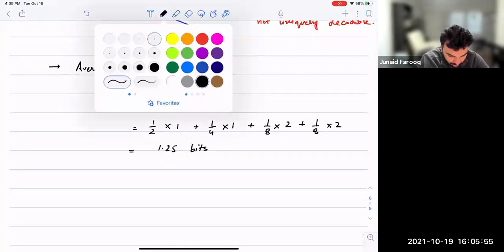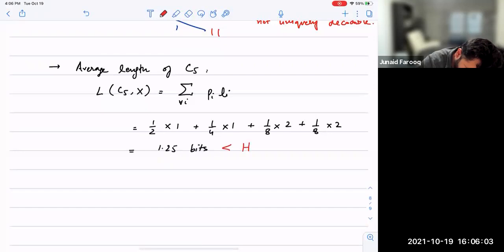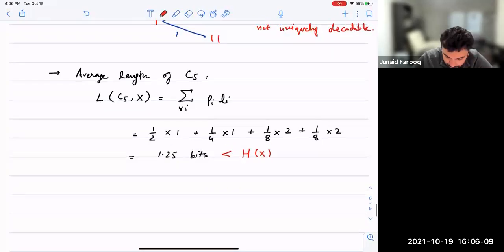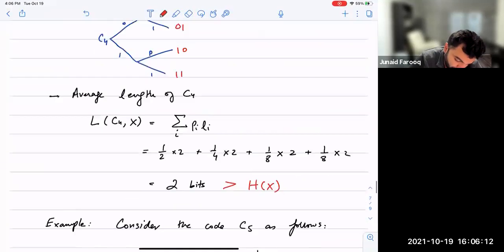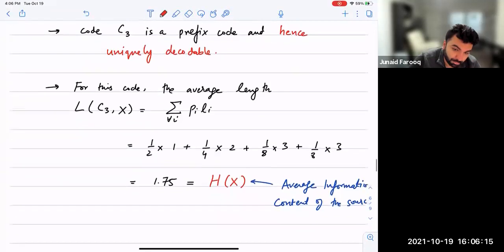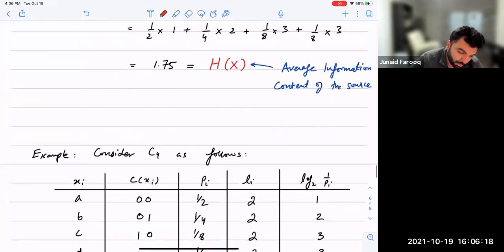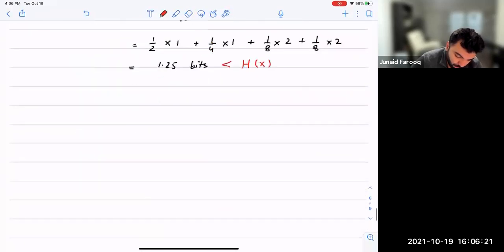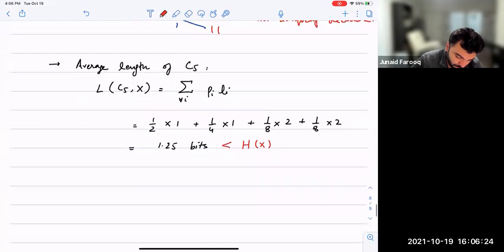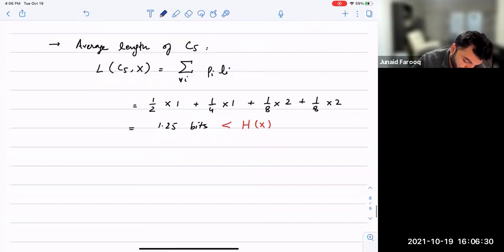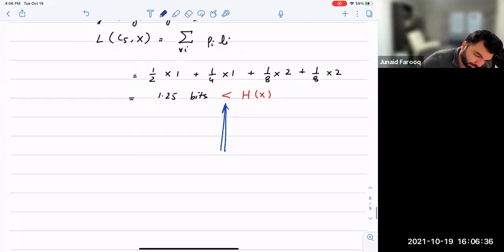Okay, so notice this is actually smaller than the entropy of X. Do you see this? Entropy of X was 1.75 that we had in the previous example. And now we actually achieve an average length of the code which is less than the entropy. Now, the important thing to note is that we lost something in this process. We lost unique decodability.